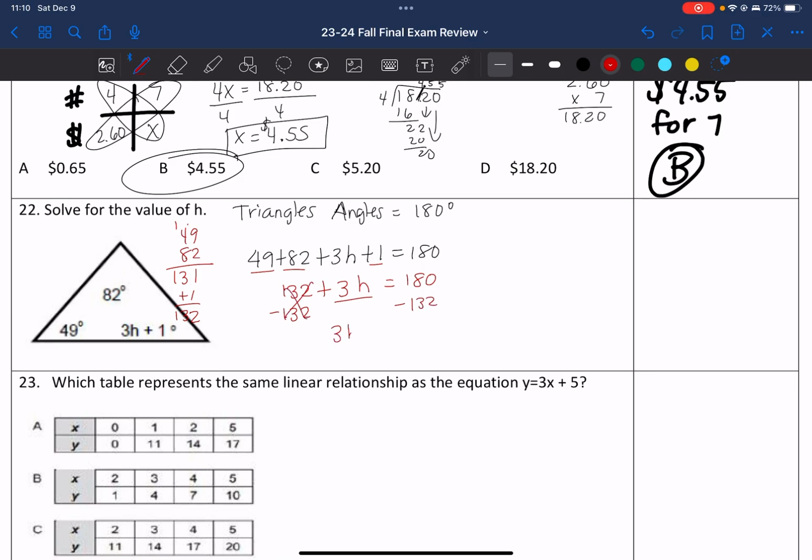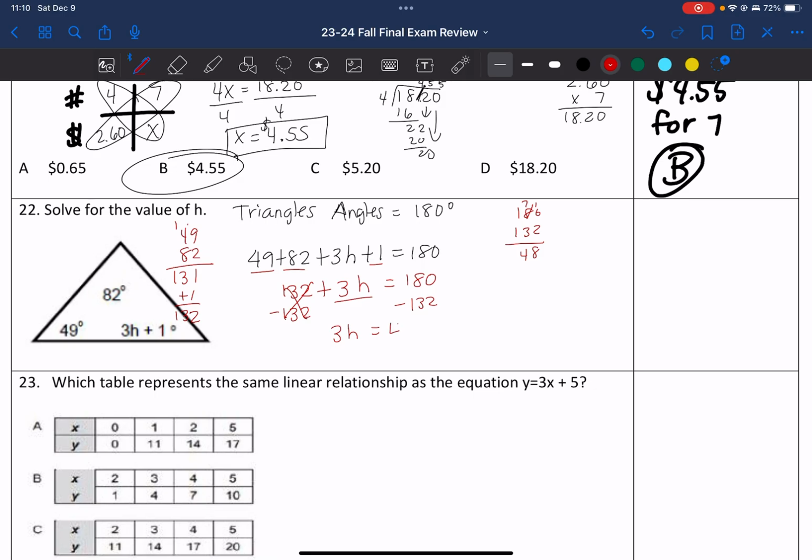Okay, so 3h is equal to 180 minus 132. 10 minus 2 is going to be 8. 7 minus 3 is going to be 4. 1 minus 1 is 0.